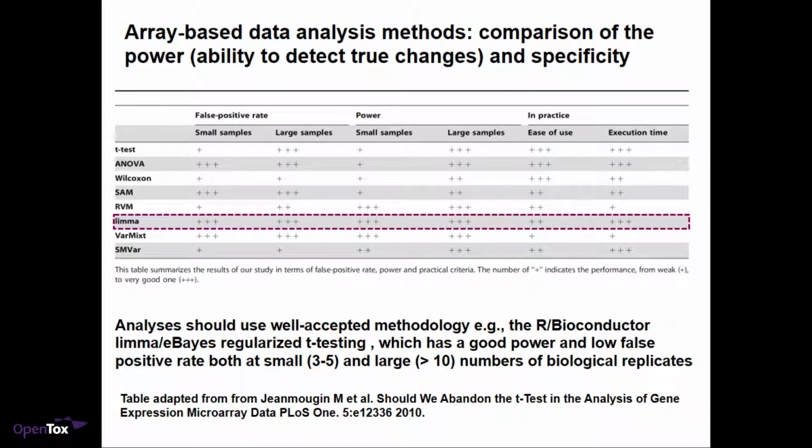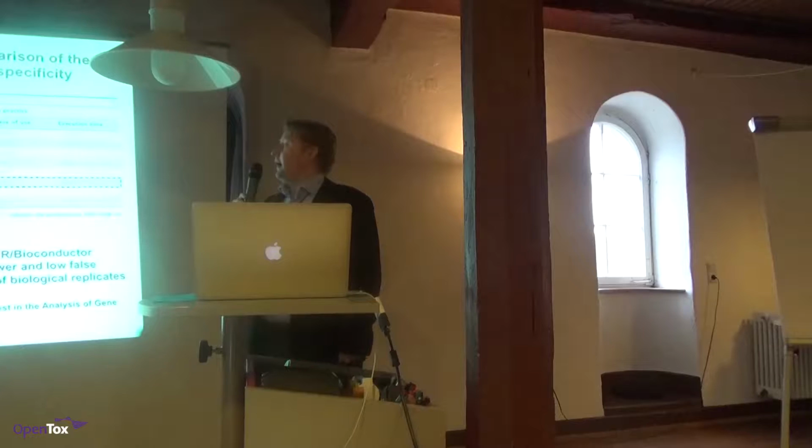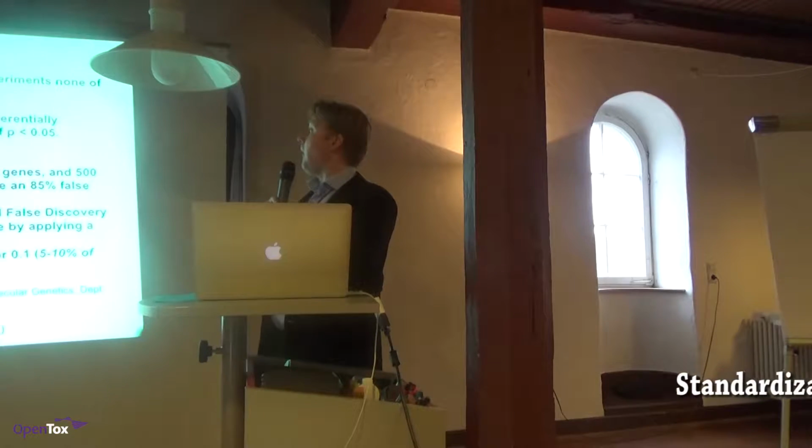These include Welch t-test and significance analysis of microarrays, which is a classical method, and limma. But then if we are looking at the power, then it becomes more problematic. Because of the various modeling strategies, limma tends to have higher power at smaller sample sizes than these other tools.